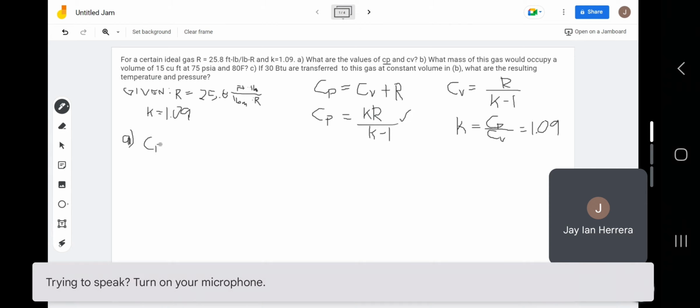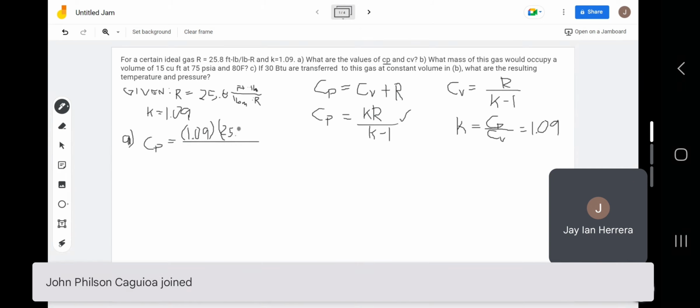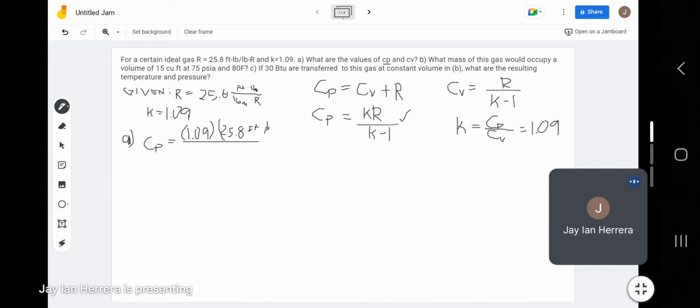So CP is equivalent to k, we have k as 1.09, multiplied by 25.8 foot-pound force per pound mass, all over k minus 1, so that is 1.09 minus 1.